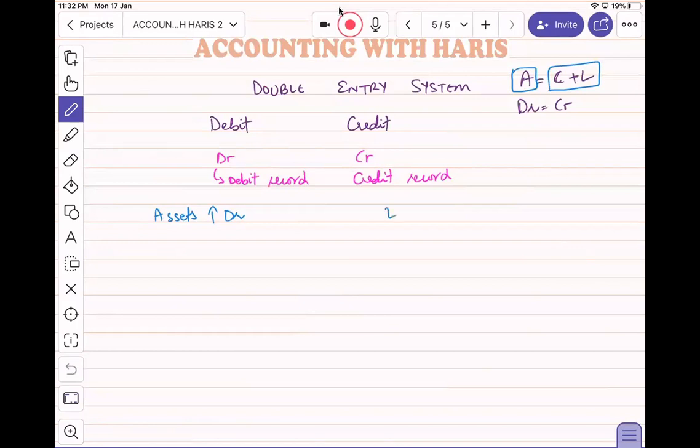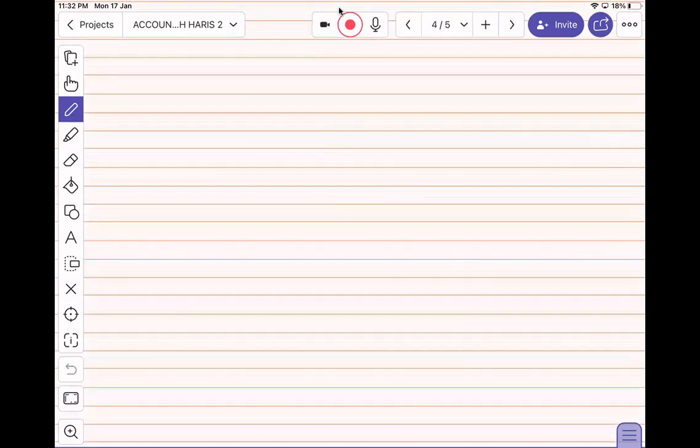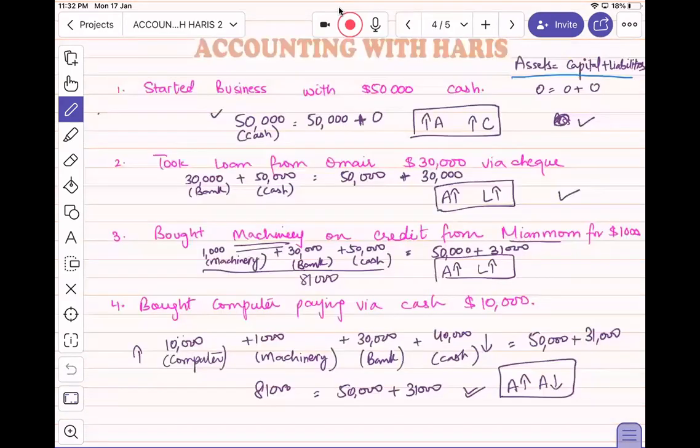So can I say liabilities and capital, if they increase, they get credited? Okay. And you can reverse these rules as well: if assets decrease, they get credited, as we have already seen. This particular asset which is increasing will get debited, like machinery.